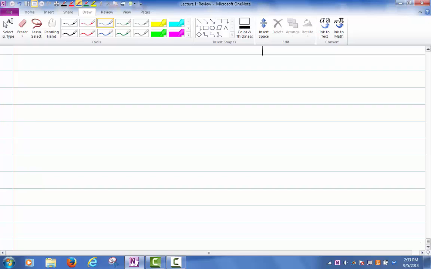So what I want to cover now is operations on functions. Remember, I gave you this handout on graph transformation.